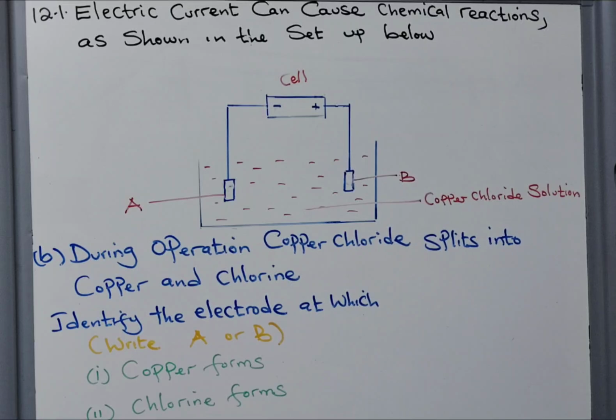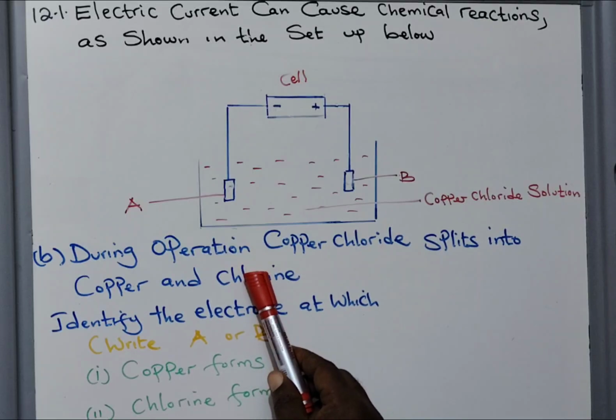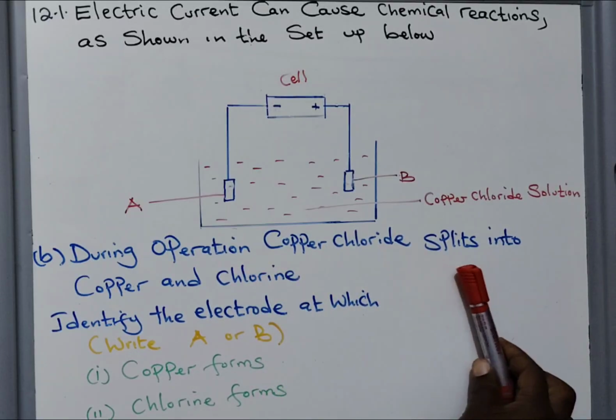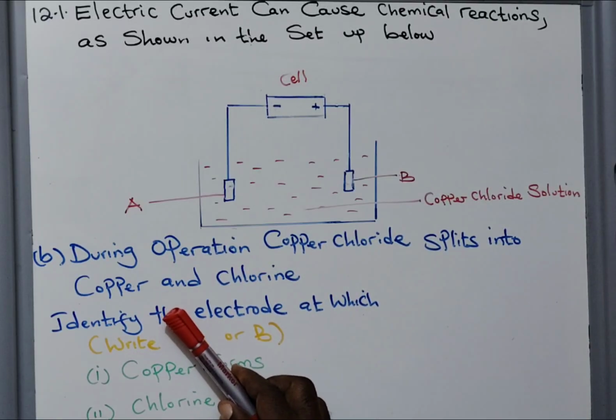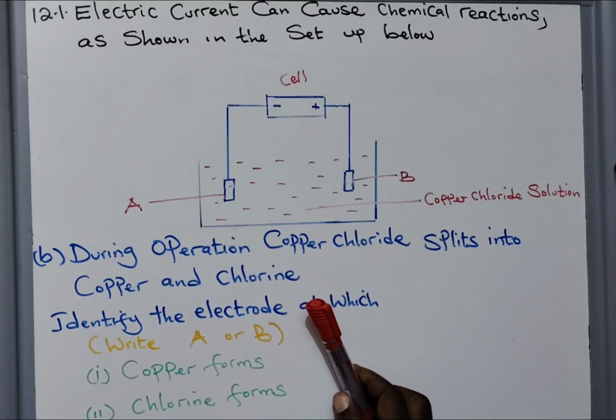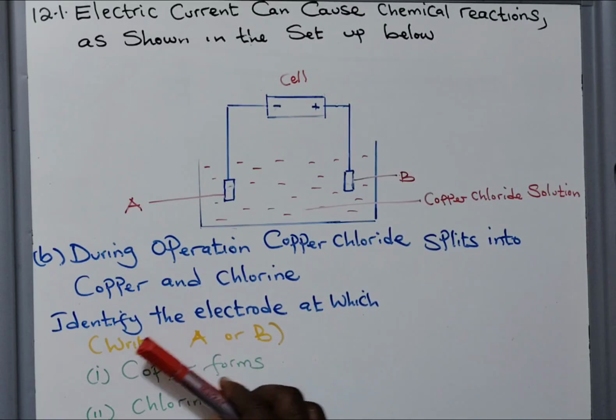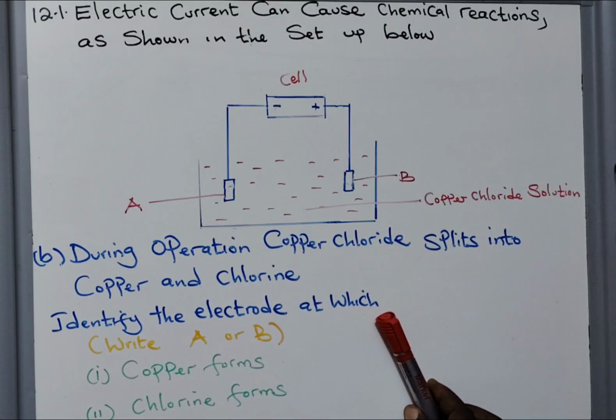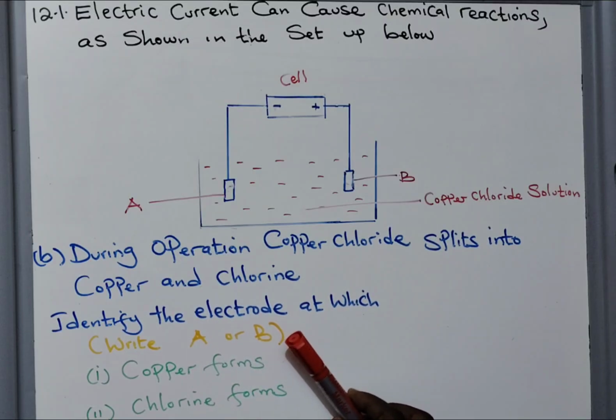So comes this question. It says that during operation, copper chloride splits into copper and chlorine. Identify the electrode at which, write A or B, copper forms. So at which electrode is copper formed?